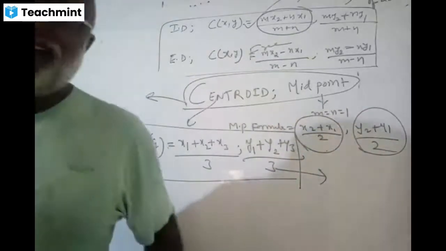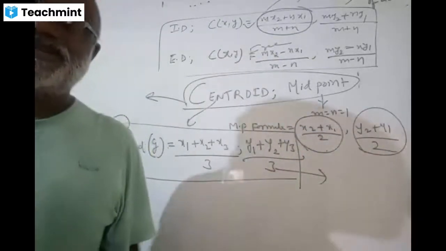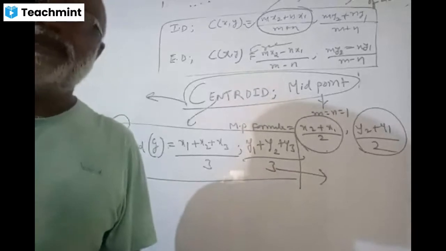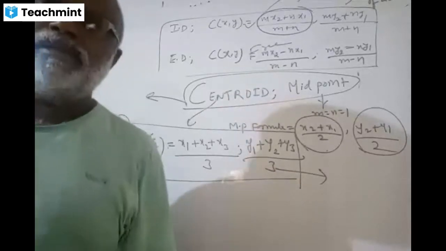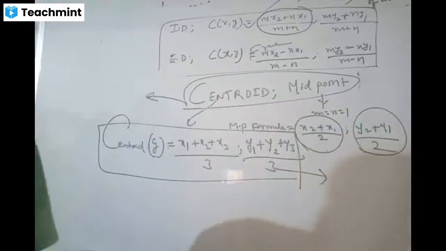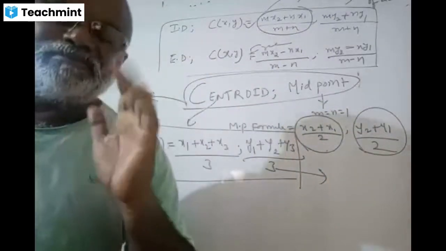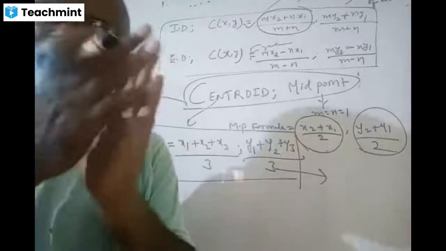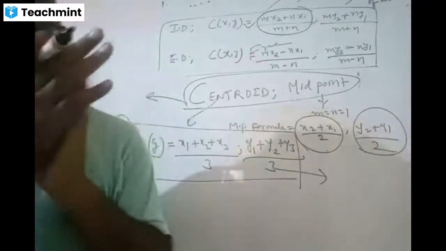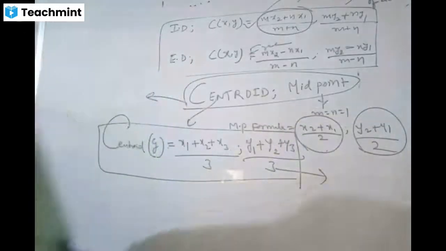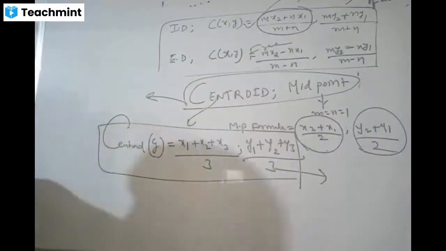Any other reason, please? Avi? Sir, centroid is divided in the ratio 2:1. By adding 1 and 2, we get 3. Brilliant, yeah. Come on, clap for that. That's a brilliant, amazing point.